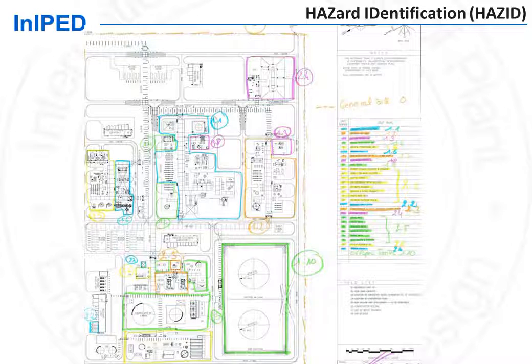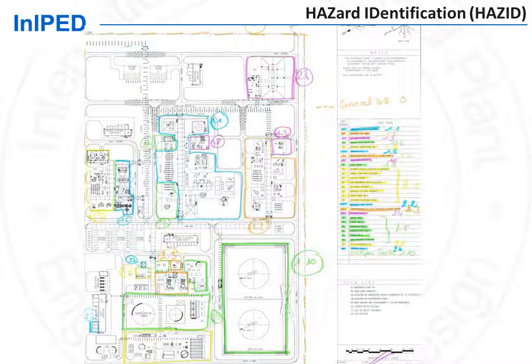The overall facility layout is reviewed during the hazard review session. Hazard means hazard identification. It looks at the hazards to which the plant could be subject due to its location, so due to its environment, as well as the hazards that are inherent to the plant due to its process and operations.